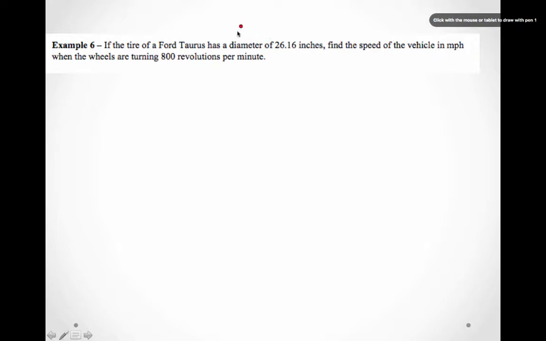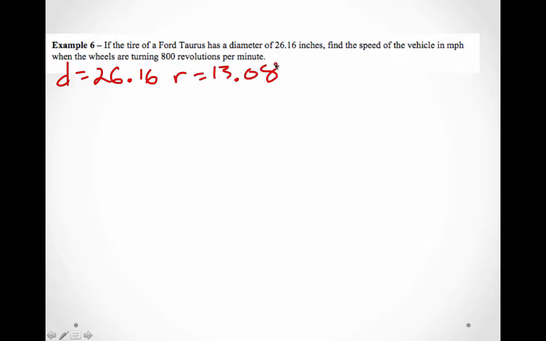If the diameter is 26.16, then the radius is 13.08. Find the speed of the vehicle in miles per hour. I'm going to miles per hour from revolutions per minute. I'm going from an angular into a linear.